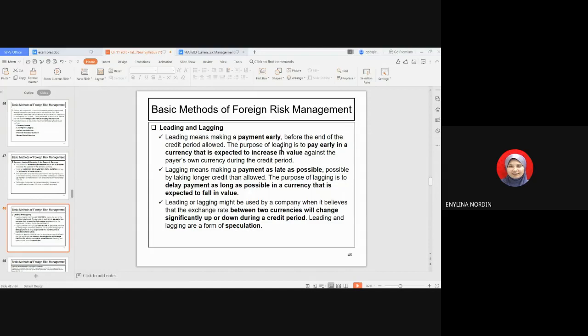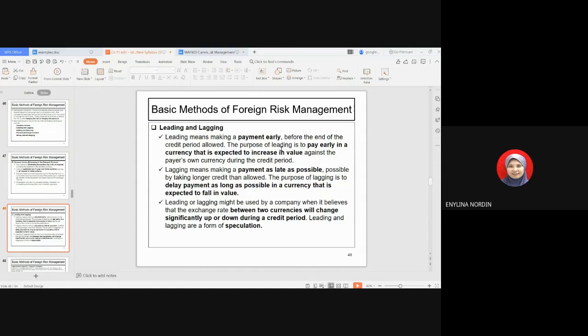So what would you do if you predict that the Singapore dollar is going to depreciate? Then you will not convert the ringgit Malaysia to Singapore dollar now. So you will delay the conversion.